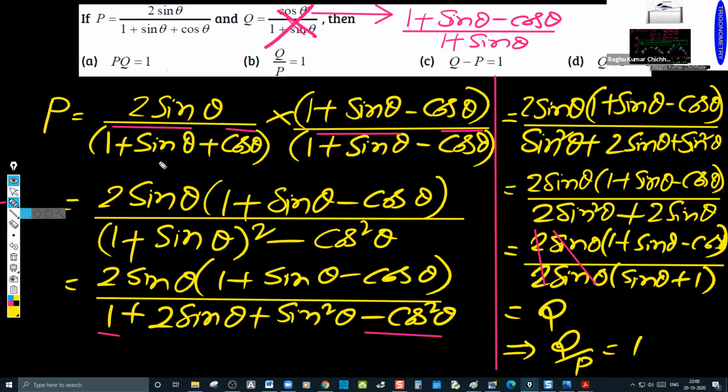So what I did was multiply 1 plus sine theta plus cos theta with 1 plus sine theta minus cos theta, in the numerator and denominator. Thereby this becomes a plus b, a minus b, a square minus b square. We simplify this and arrive at 1 plus sine theta minus cos theta by 1 plus sine theta. Then you will get Q by P. P and Q are both equal. We say that Q by P is equal to 1.